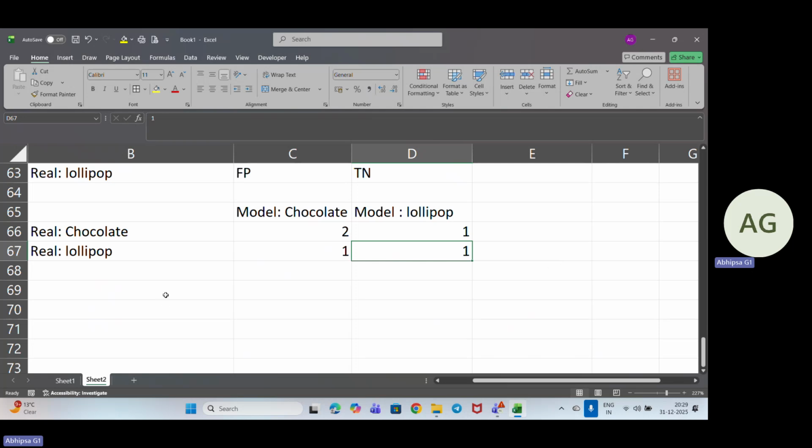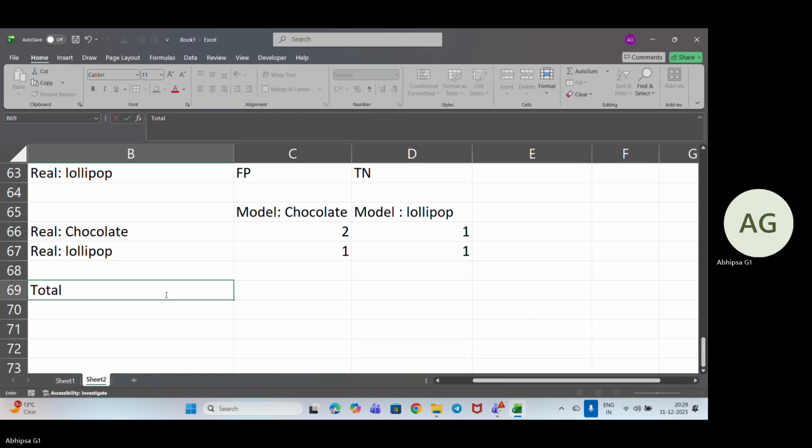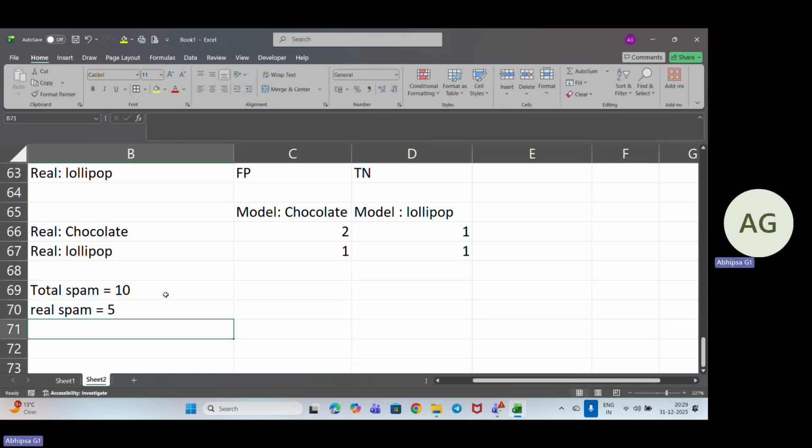Now we will again take the example of spam email, because for all we have taken accuracy. So for this also we will take it. Total spam is, suppose, 10. Among them, real spam was 5 and non-real spam was again 5, like an equal distribution.